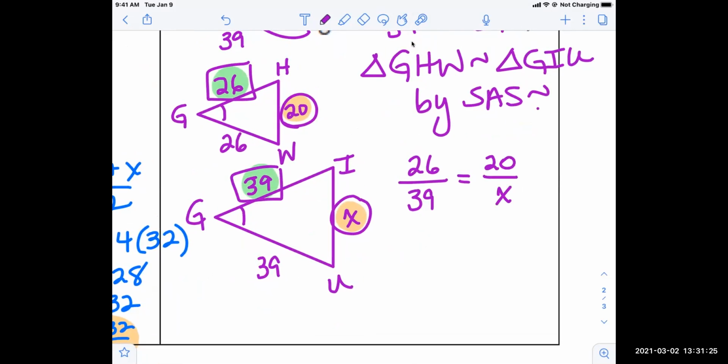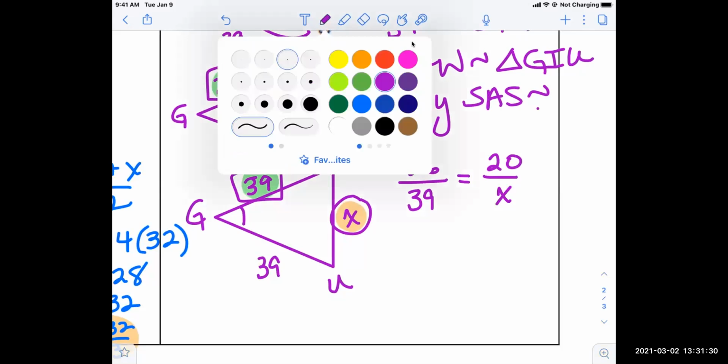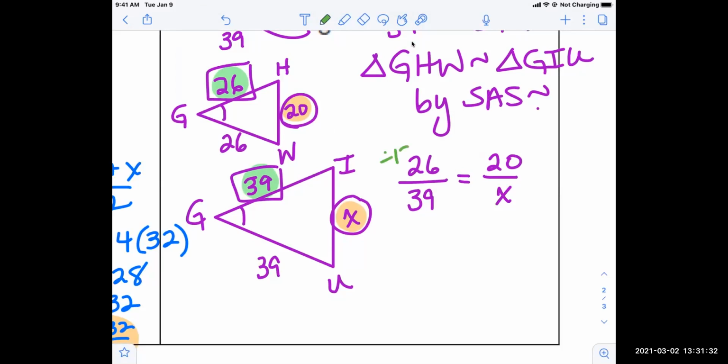Now, I would definitely go ahead and simplify. We can take a 13 out of both of those. So if we divide out a 13, we'll have 2 to 3.